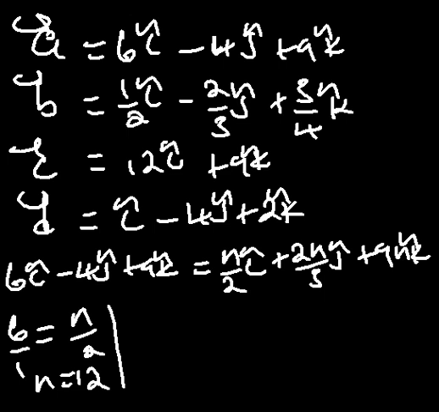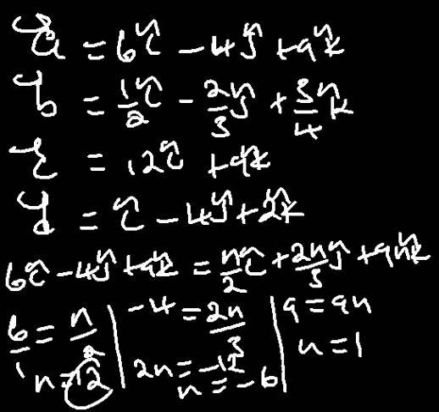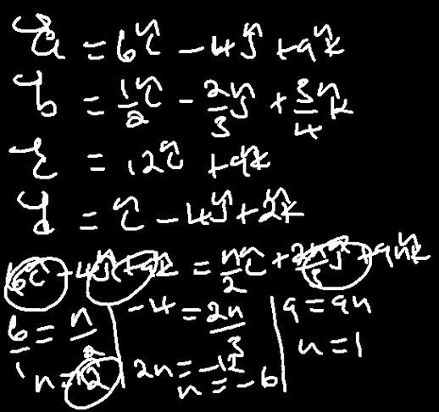Negative 4 is equal to 2n over 3, so 2n is equal to negative 12, hence n is negative 6. Also 9 is equal to 9n, of which n is 1. Since the value of n is different for the i, j and k components, it means the vectors are not parallel.